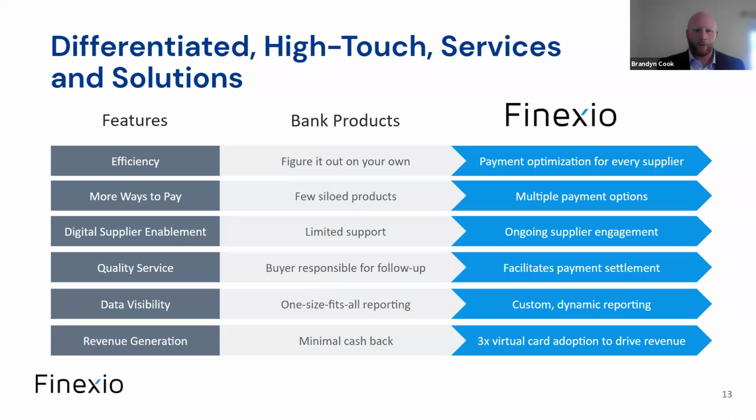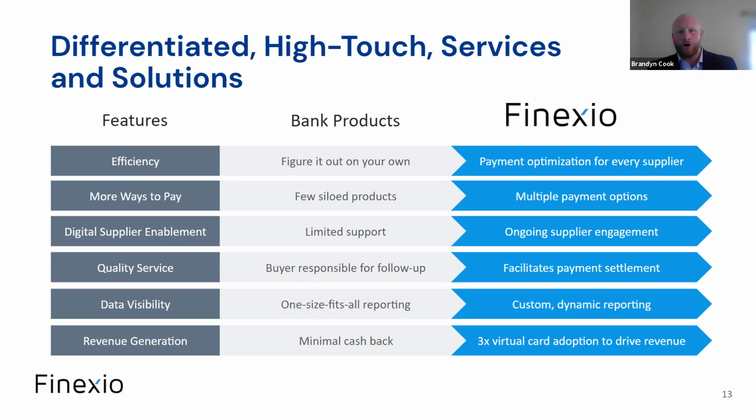You're going to have to onboard your suppliers in some cases, and you're going to have to give the ongoing support and manage this program. With Finexio, we have access to all the same products plus some, and we manage the program for you. This is going to drive higher conversion rates, higher revenue share, and higher supplier satisfaction. What we do has really been viewed as a win for everybody. And it's been a big shift.